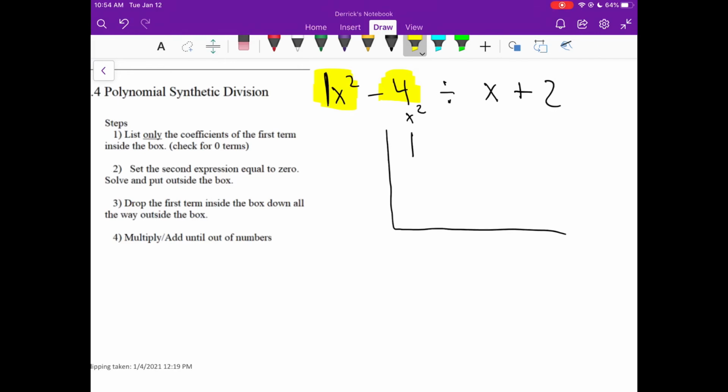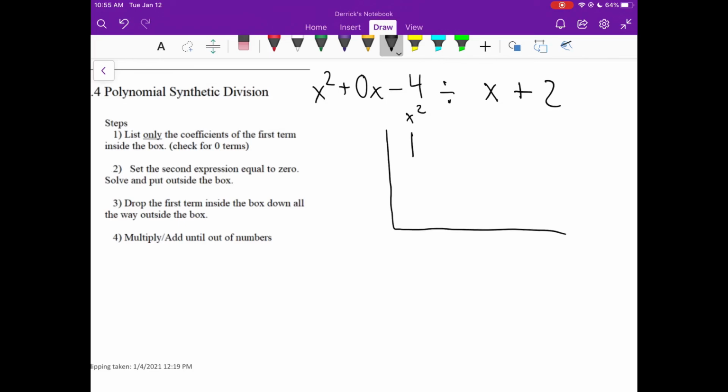Well, what happened then is we skipped an x to the first term, right? Usually it'd be something x squared, something x, then our constant. So instead of looking at this as x squared minus 4, you want to think of this as x squared plus 0x minus 4.